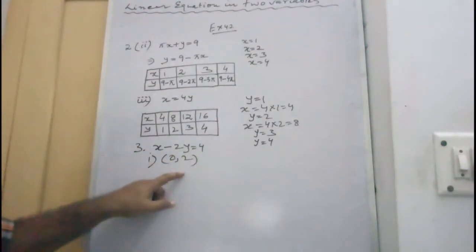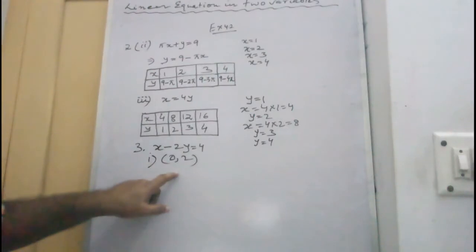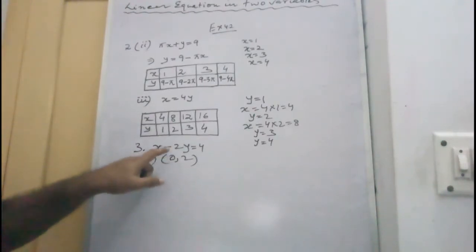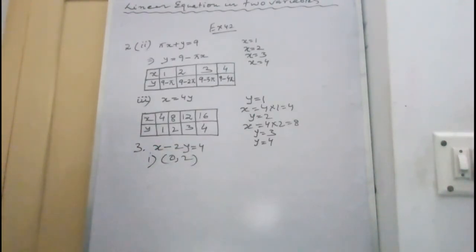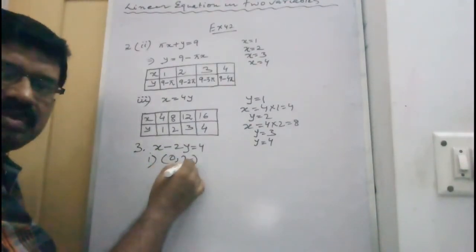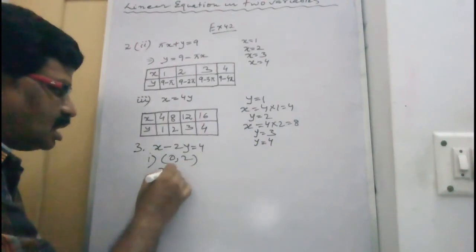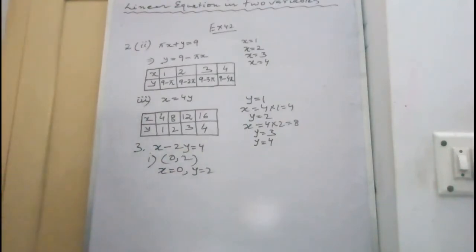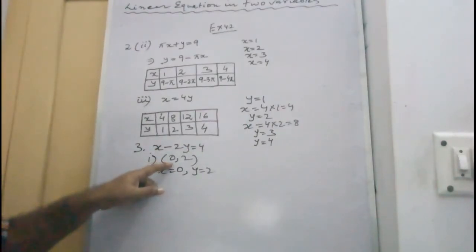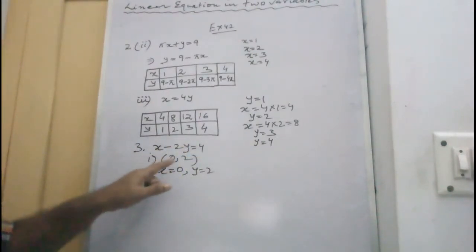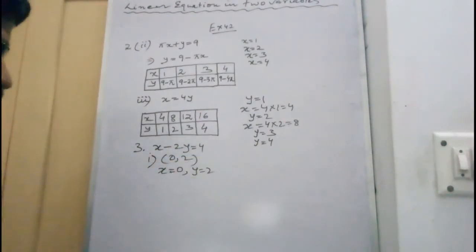Now you have to check whether this value of x and y is the solution of that equation or not. This one is the value of x, this one is the value of y. So x equal to 0 and y equal to 2. As this one is the abscissa and this one is the ordinate, combined you know that as a coordinate.